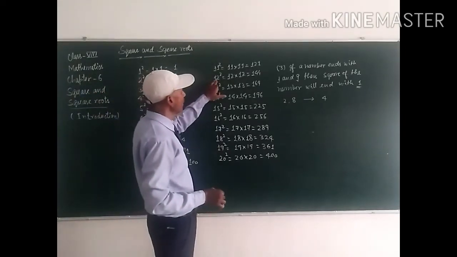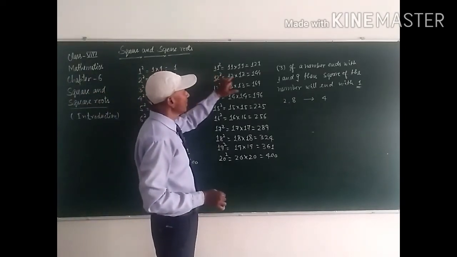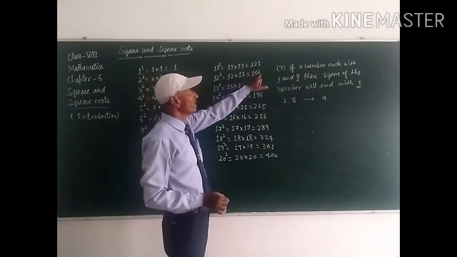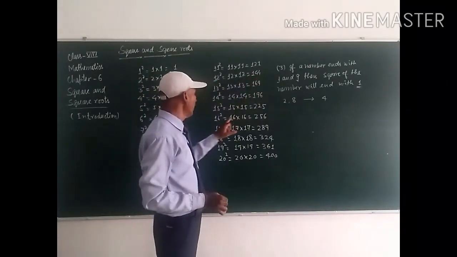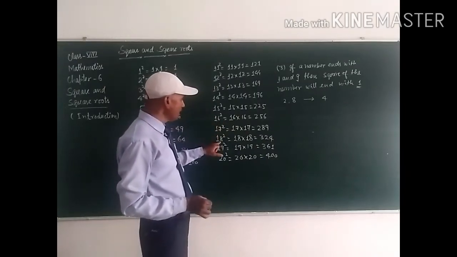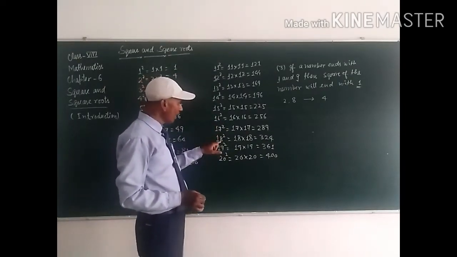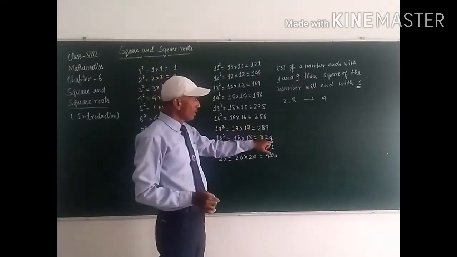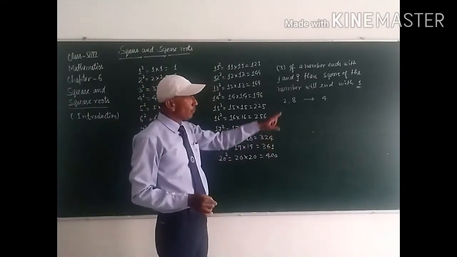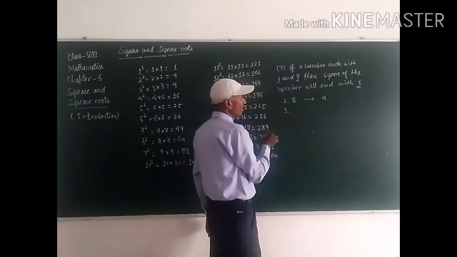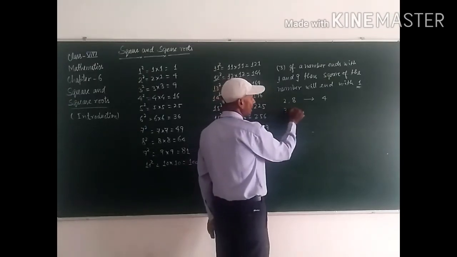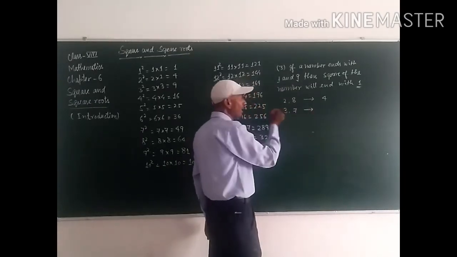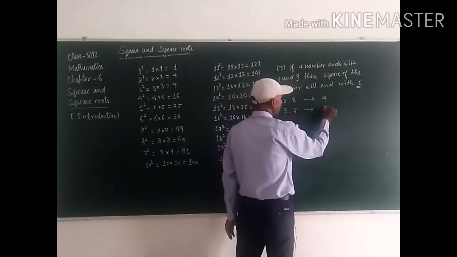Number is 12, student, square of 12, then the unit digit: it ends with 2, so the unit digit will end with 4. And number 18, student, in the square of this number, it ends with 8, then the square will end with 4. In any number, if the unit digit is 3 and 7, then its square will end with 9, student.